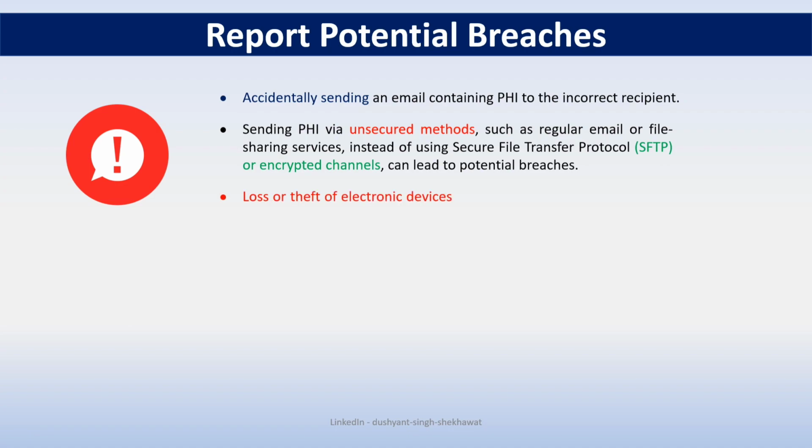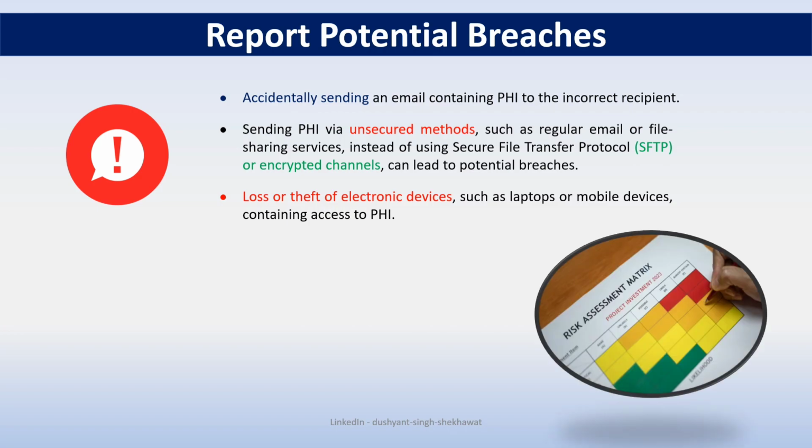Loss or theft of electronic devices like laptops or mobile devices which contain access to PHI. These are some of the potential breaches which must be reported immediately. After a breach is reported, the incident response team conducts an investigation and risk assessment to work diligently towards understanding the breach, its extent, and to determine how it occurred.